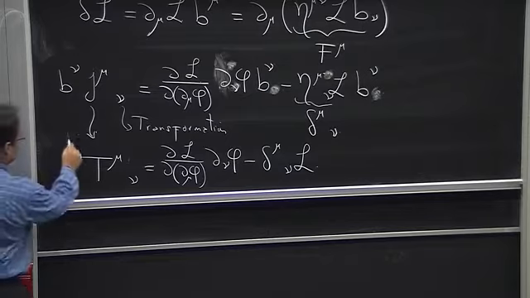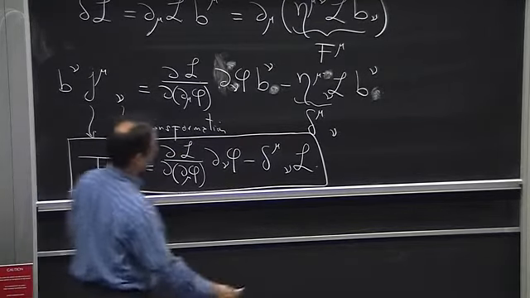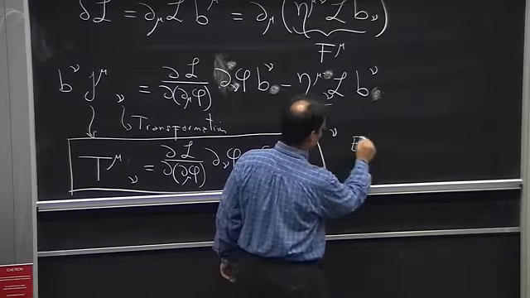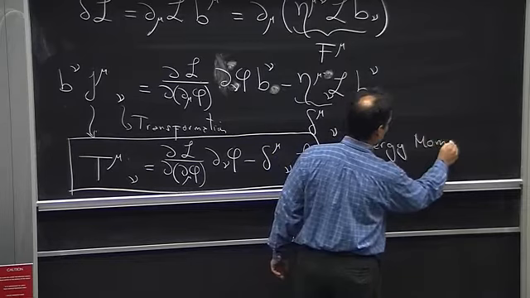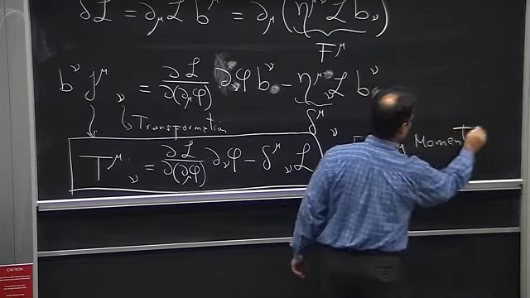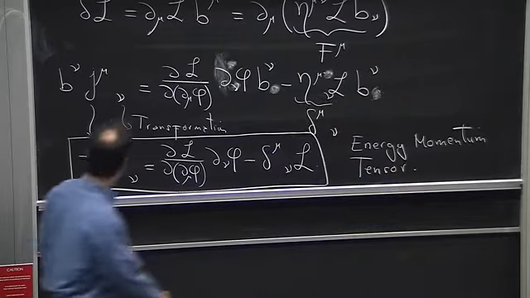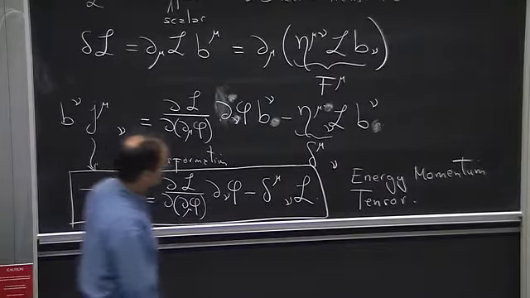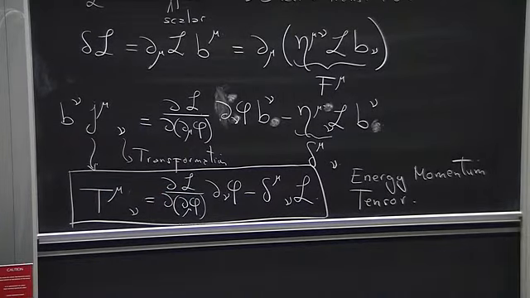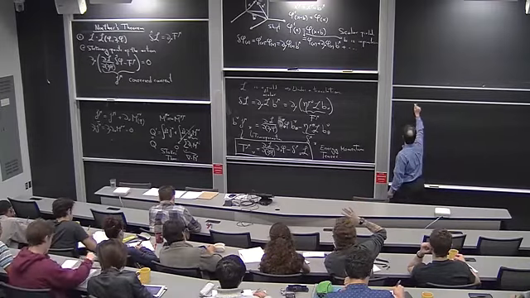So I told you that this was very important. It has its own symbol, and therefore it has its own name. It's called the energy momentum tensor. Okay. Now, if we have currents, we should also have conserved quantities if the integrals converge. Okay, so what are the conserved quantities?